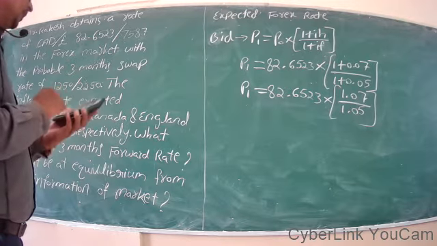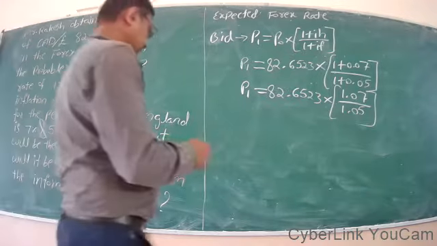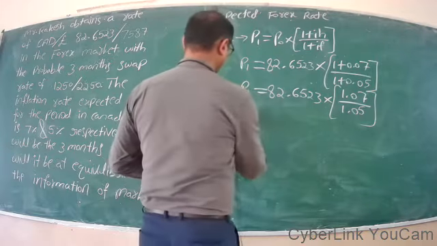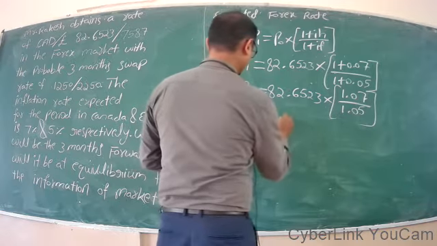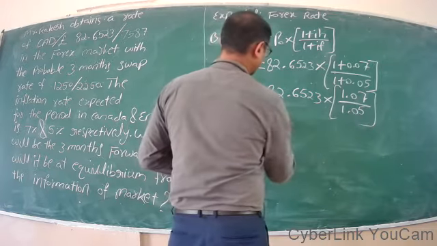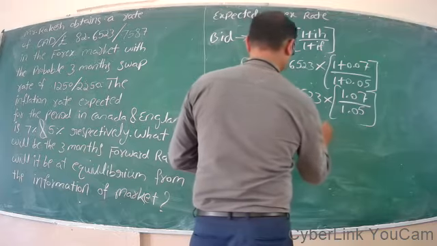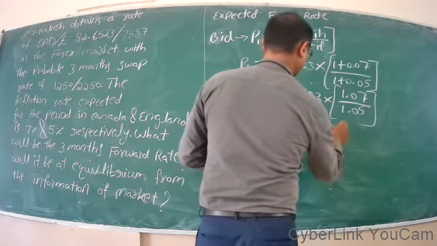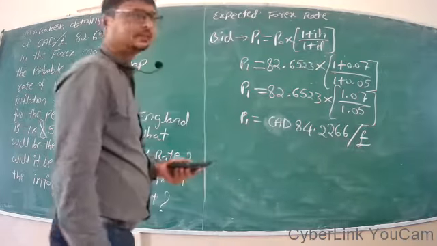So the P1, that is bid price, is equals to 84.2266. The answer is Canadian dollar 84.2266 per sterling pound is the bid price.